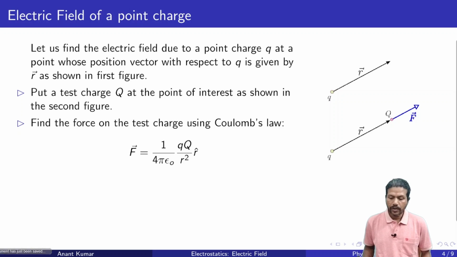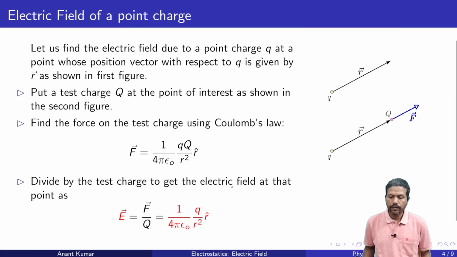Now, in order to find out the electric field, I need to divide this force by the test charge, capital Q. I do that, as a result of which the electric field turns out to be this. So because of a point charge, the electric field is 1 by 4 pi epsilon 0 q by r square along the r cap direction.